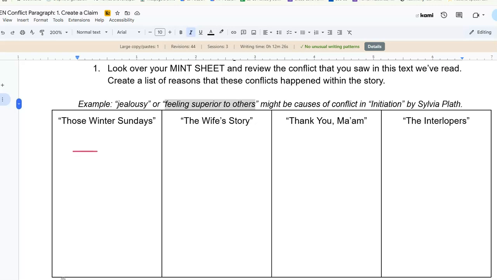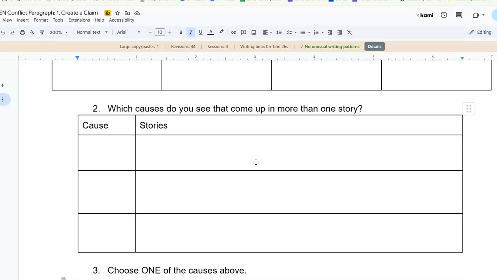So once you have these causes written, what you do now is you see the relationship between them. The next piece of this step 1 is that you take a look at, are there any common causes?